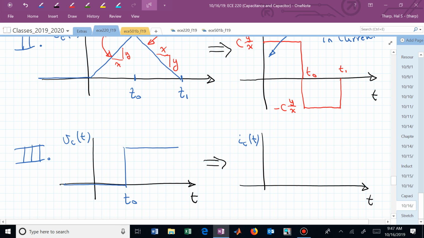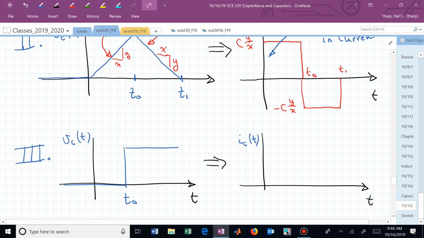What if I have a step change in my voltage? What if V now transitions from nothing up to some value A1 at time t sub 0? ICE tells us C dV/dt. And now what's dV/dt? Infinite.